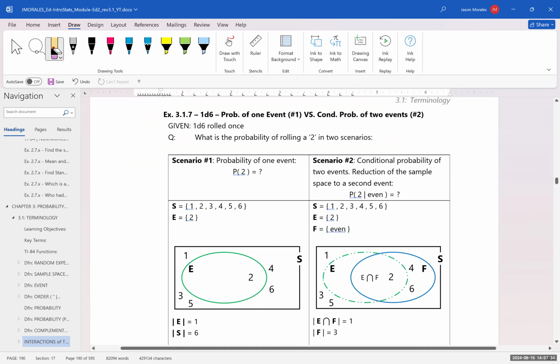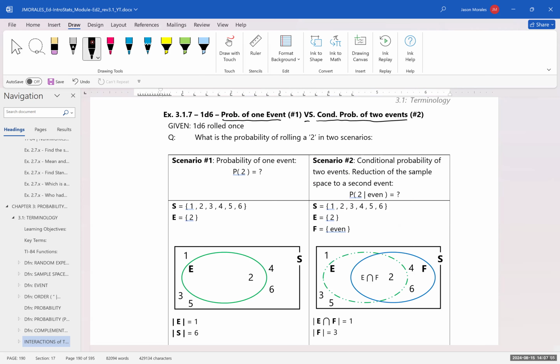Okay, so let's look at an example here. We're looking at the sample space of one six-sided die, and the probability of one event versus the conditional probability of two events.